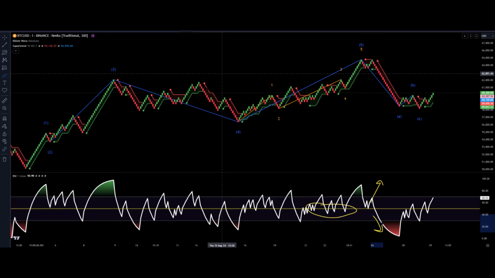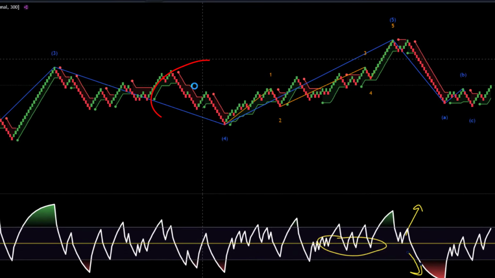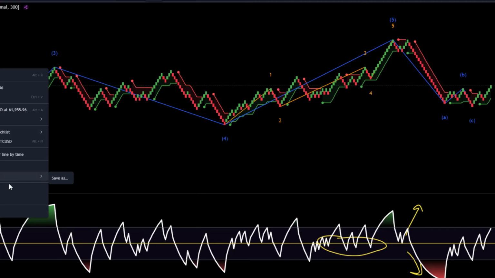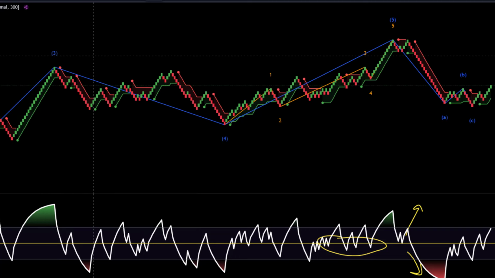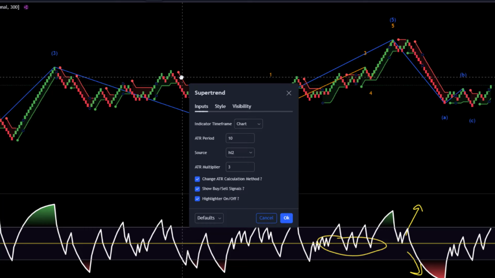And you'll see the Supertrend indicator on there as well. What have we got there? Well, it's really used for helping us with the timing of our entry and exit points.